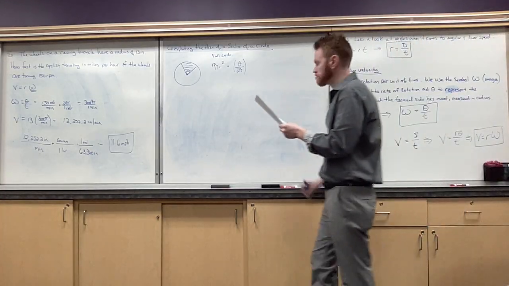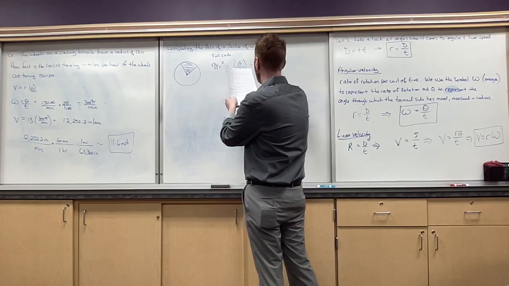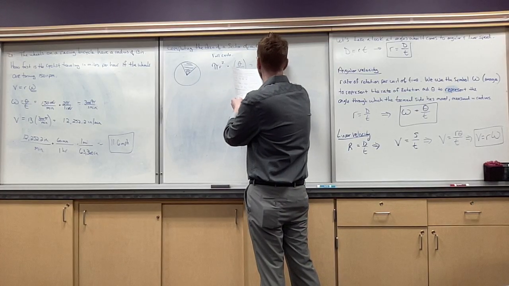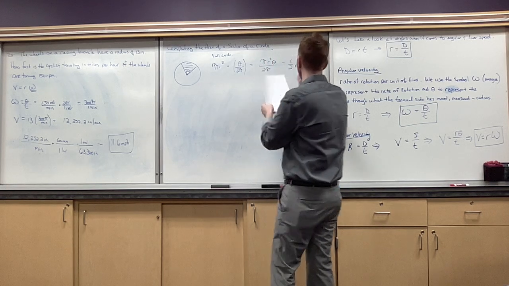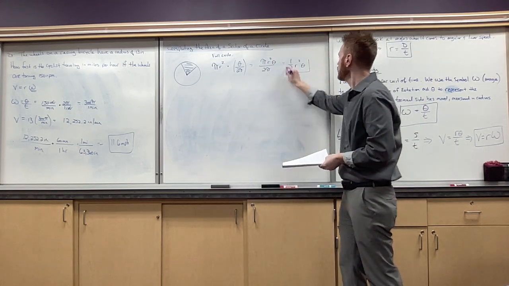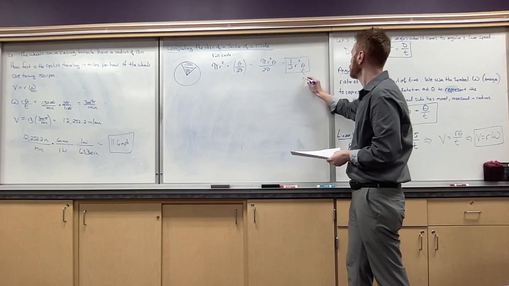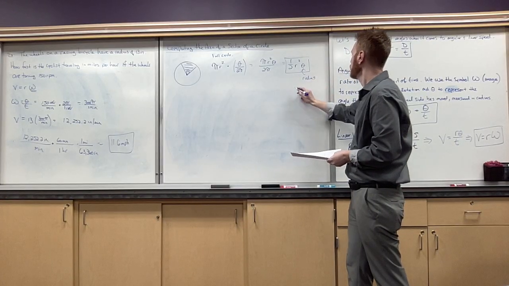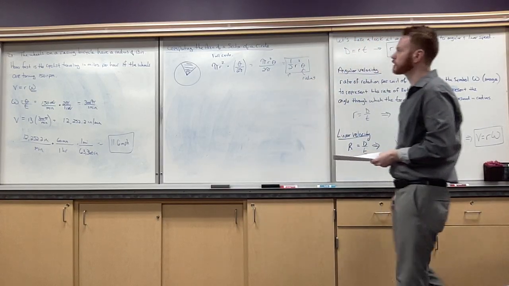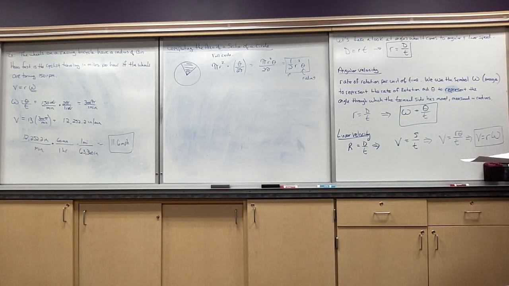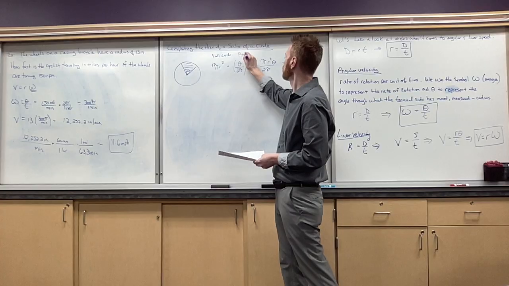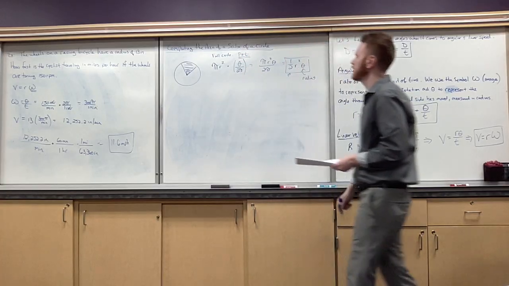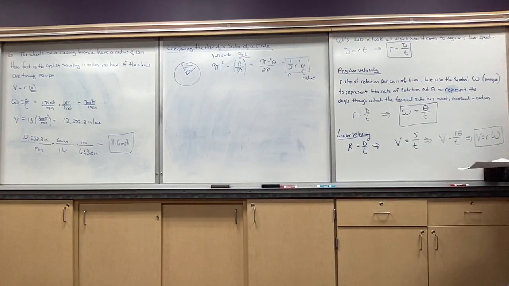If we multiply these straight across, we get pi r squared theta over 2 pi, which gives me half r squared theta. And again, theta is in radians. This is how we find area of a sector of a circle. We got the full circle, this little fraction part is what we want. Multiply them together, and that's the area that we're going to be using here.